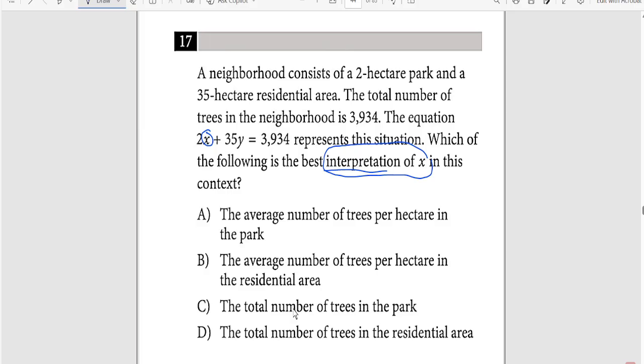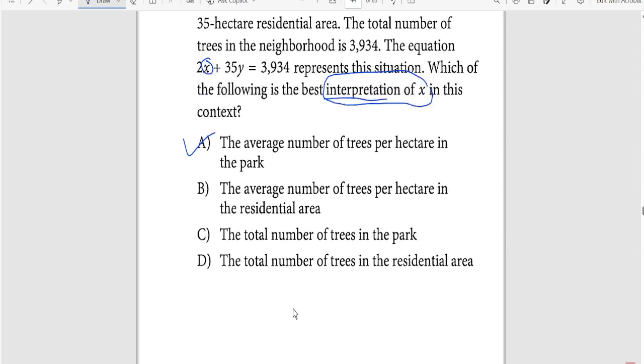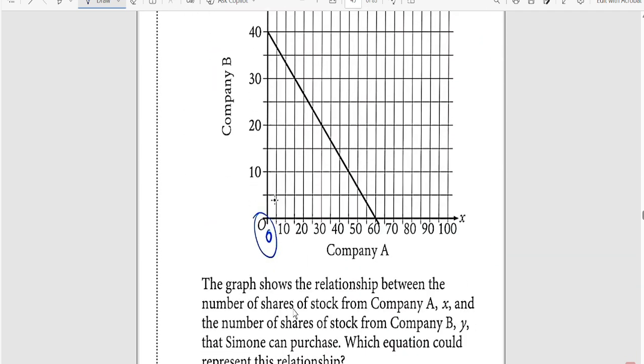Similarly, y will represent the average number of trees per hectare in the residential area, right? So basically this option is correct, the average number of trees per hectare in the park. Because as in the question it is 2x and 35, so option A is correct.